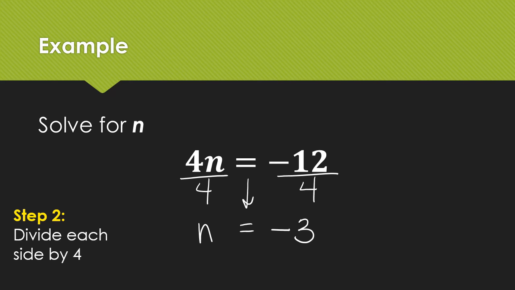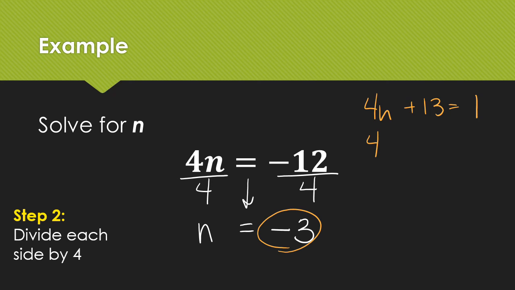So let's go ahead and check our work here. Our original equation was 4n plus 13 is equal to 1. Let's fill in -3 for n.